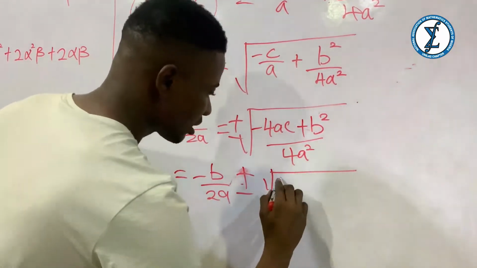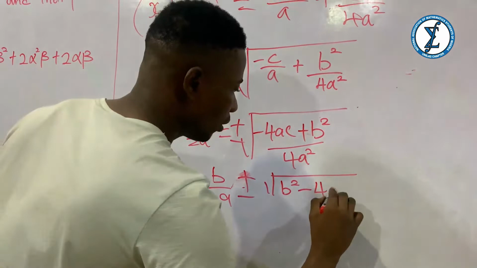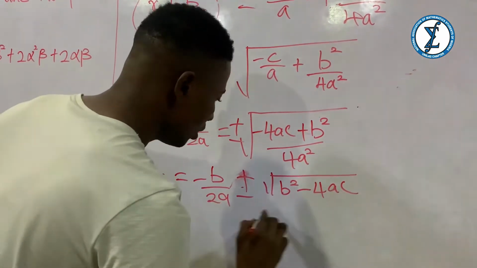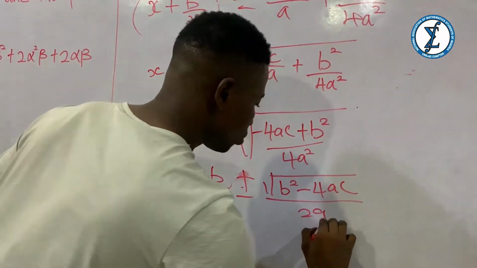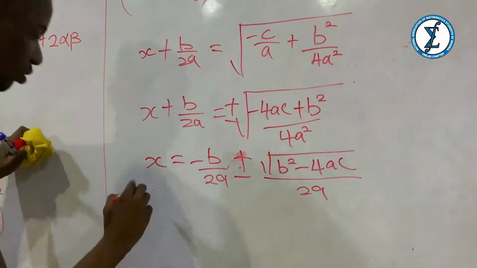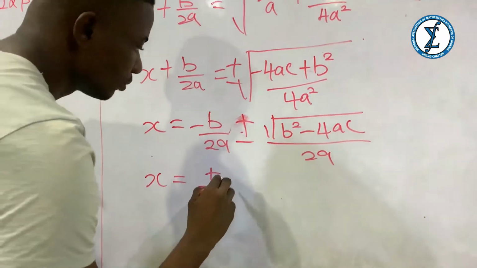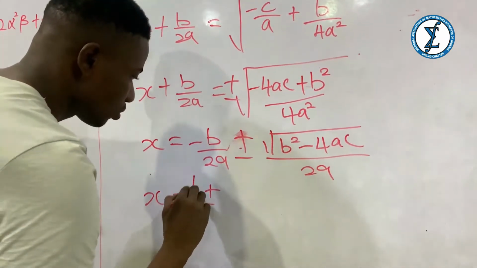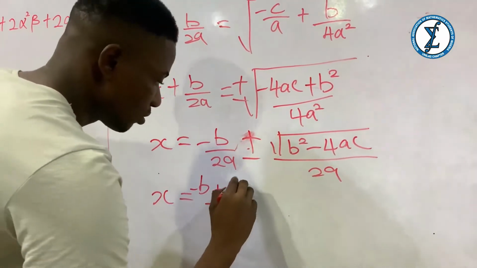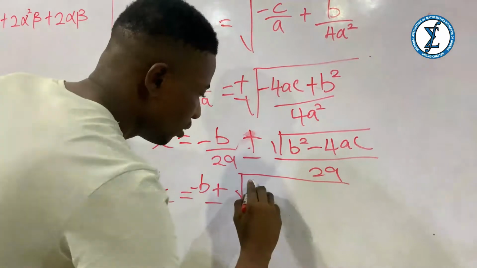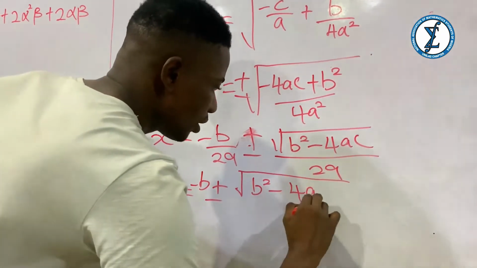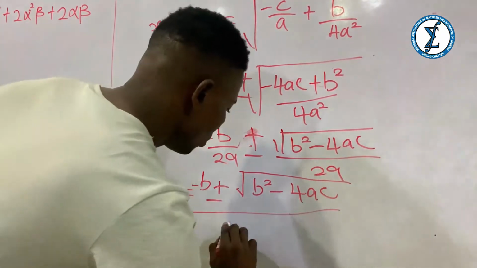I can rearrange this: b squared minus 4ac all over 2a. So x is equal to minus b plus or minus the square root of b squared minus 4ac, all over 2a.